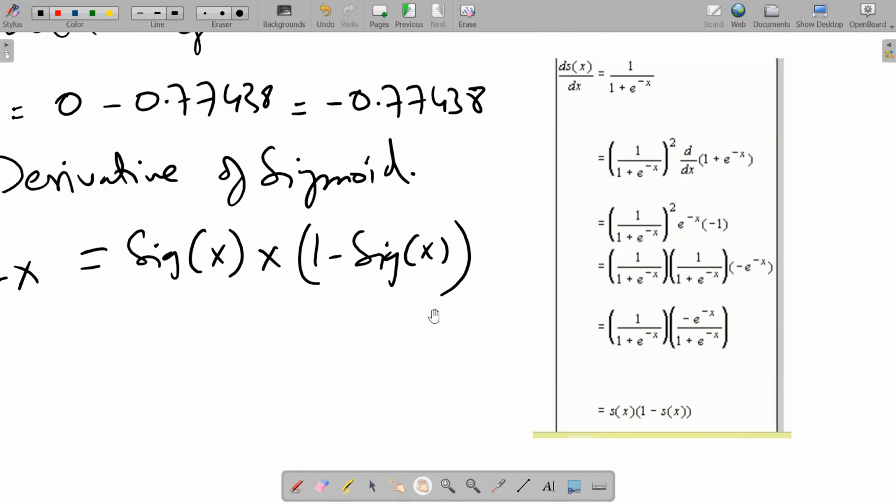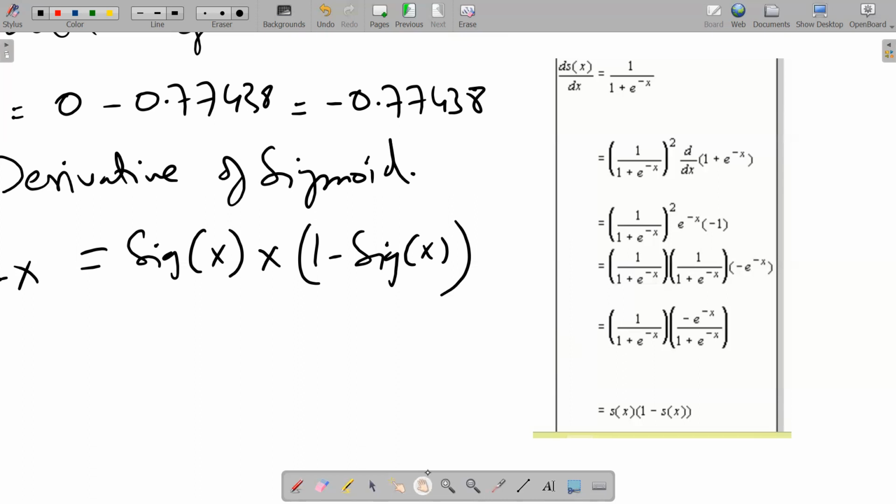So the derivative is sigmoid of x multiplied by 1 minus sigmoid of x. Okay.